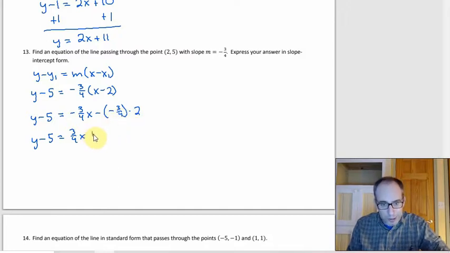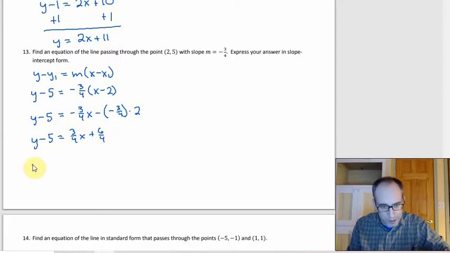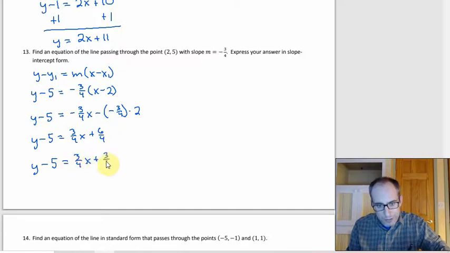So that'll be plus 6/4. Although it'll probably help to reduce that, so I'm going to go ahead and write the 6/4 as 3/2. So negative 3/4 x plus 3/2.